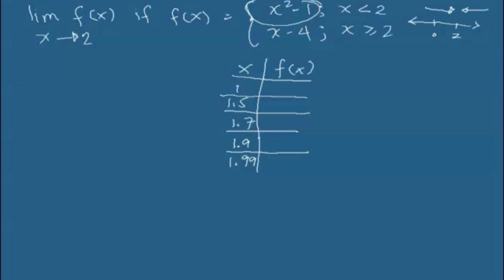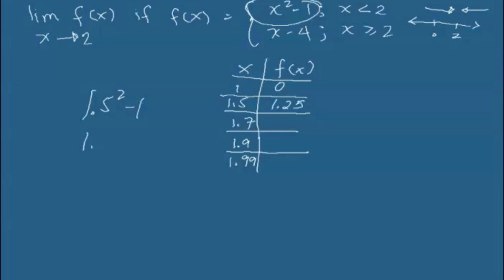So if x is equal to 1, 1 squared is 1, minus 1, so that's 0. If it's 1.5, so 1.5 squared minus 1, we have 1.25.